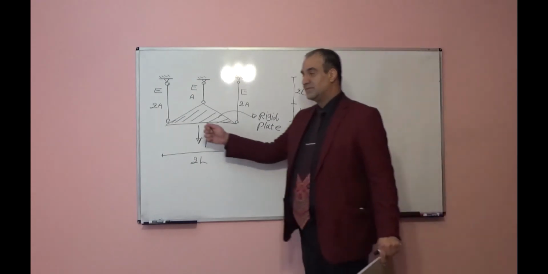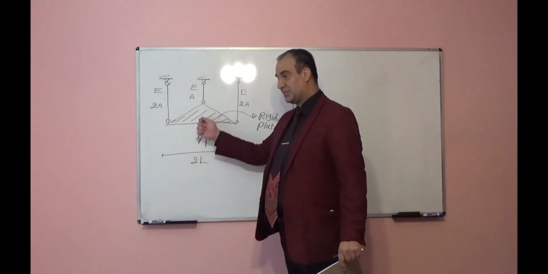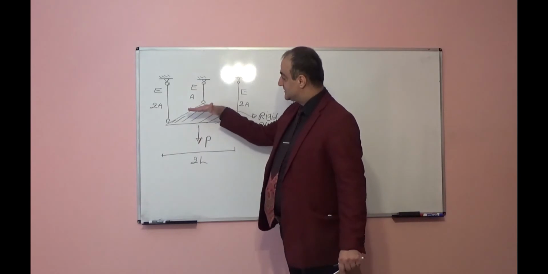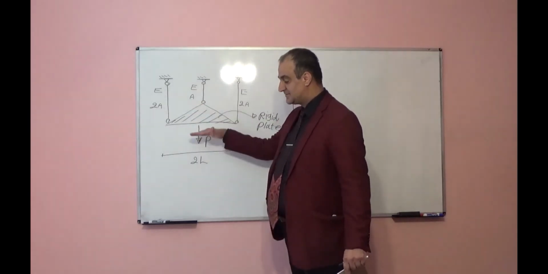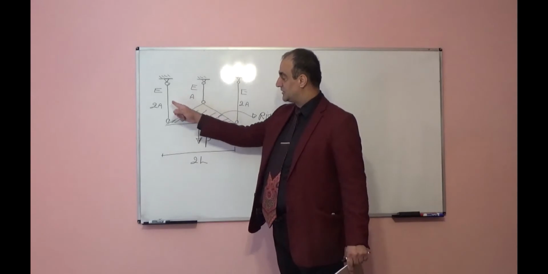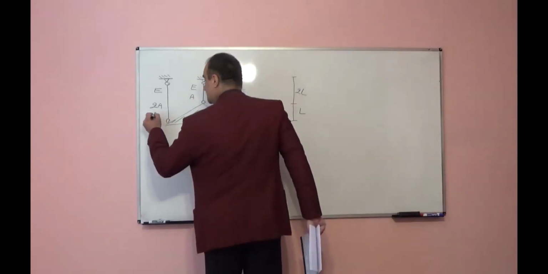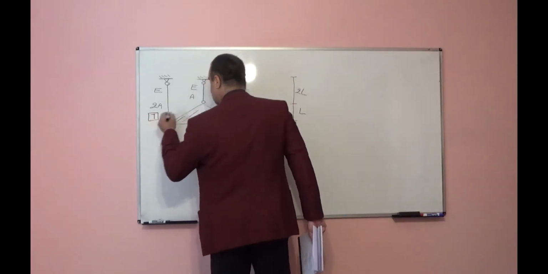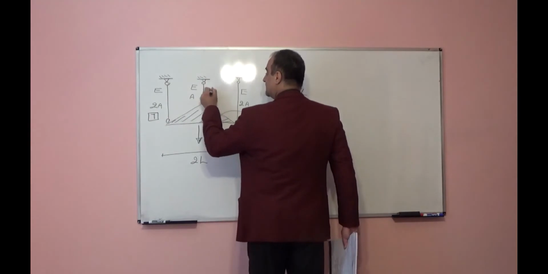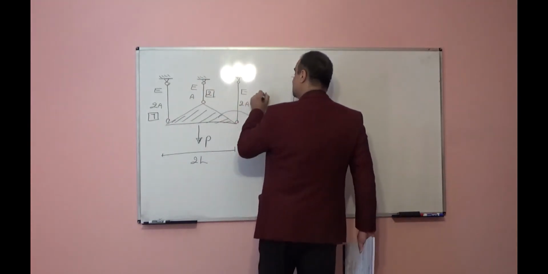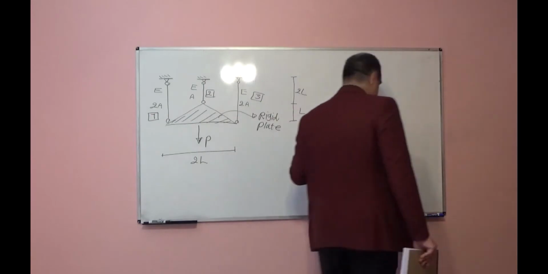So, if I pull down here, I apply load P, this rigid plate will move down. So the deformation in rod 1, 2, 3, these deformations will be equal.